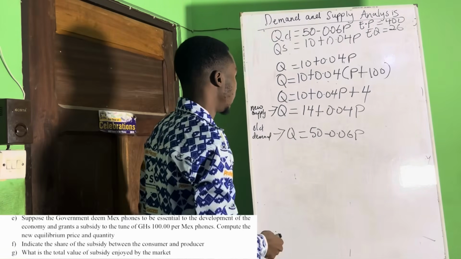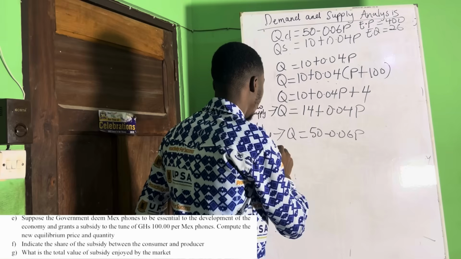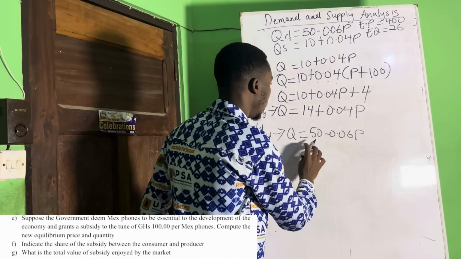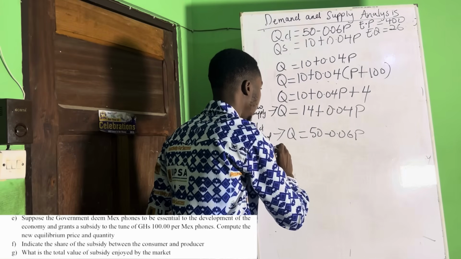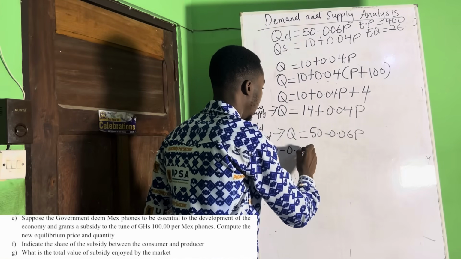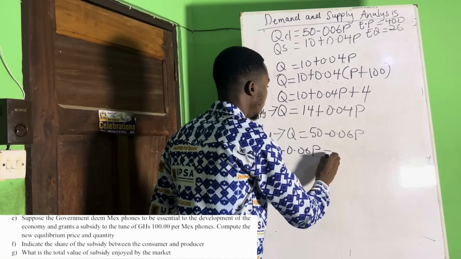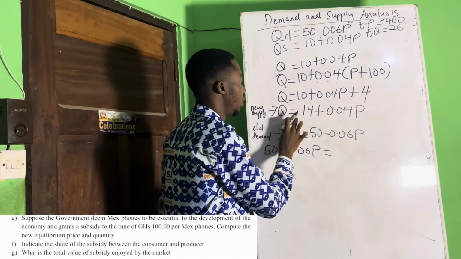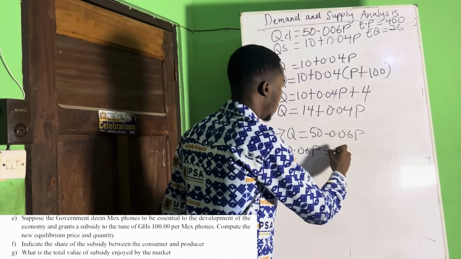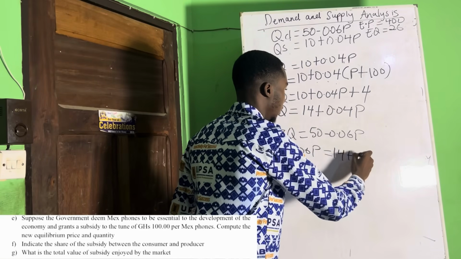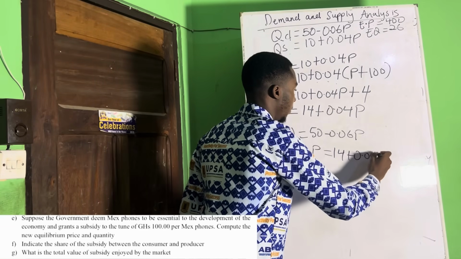You get it? So now let's start with the demand function. So our old demand function, which is the one here, is 50 minus 0.06p. You get, this is the old demand function. Then we created this after we added the subsidy. So it's equal to 14 plus 0.04p.